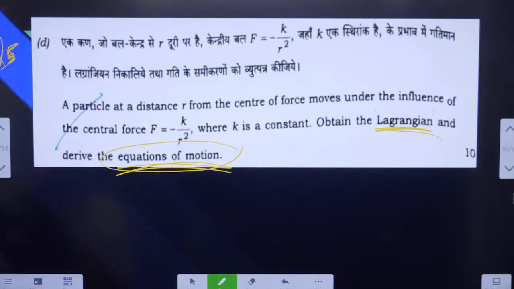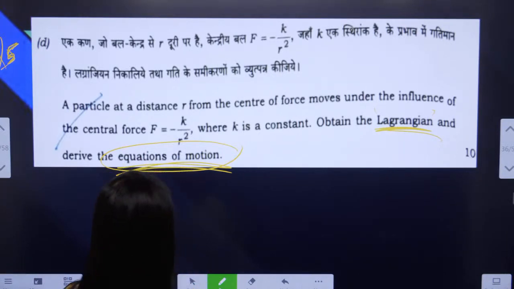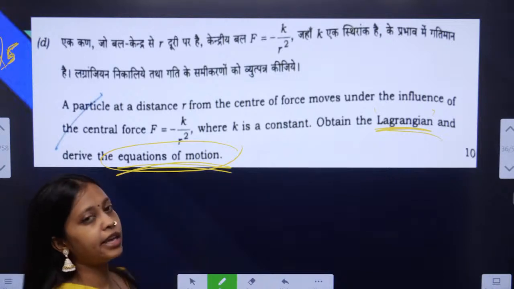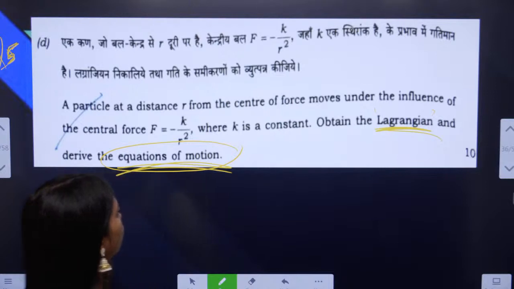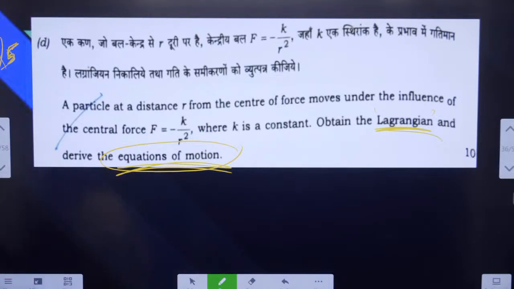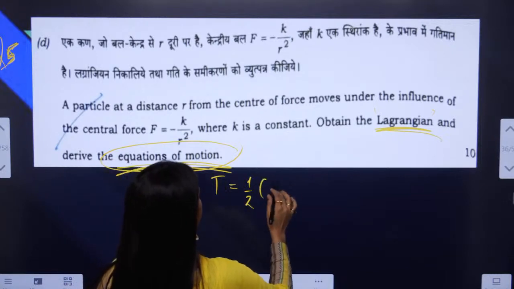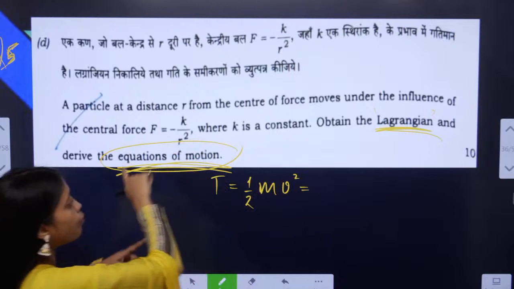So initially what you can do, T means kinetic energy. Kinetic energy is half mv square. So you can start with the expression T, that is half mv square, but in terms of polar coordinates.